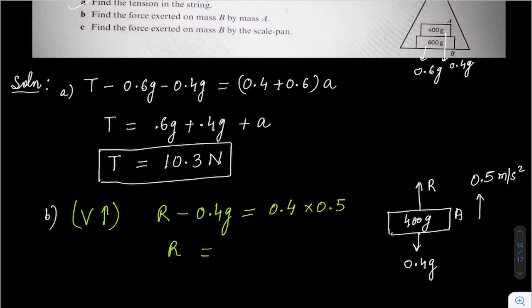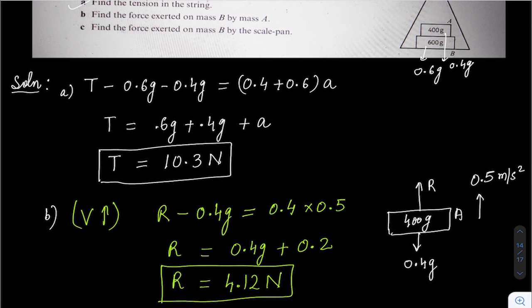So let's find the value of R. R will be 0.4 g plus 0.4 into 0.5, that is 0.2. So R comes out to be 4.12 newtons. This is the reaction force exerted by B on A.